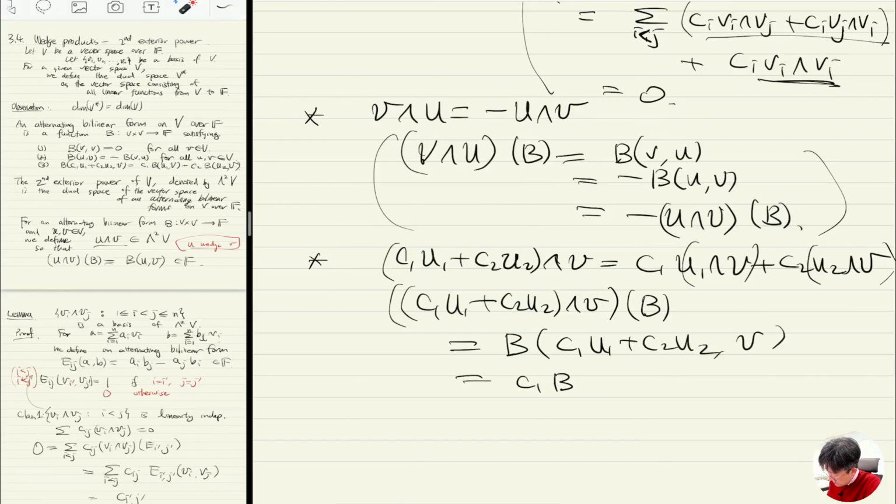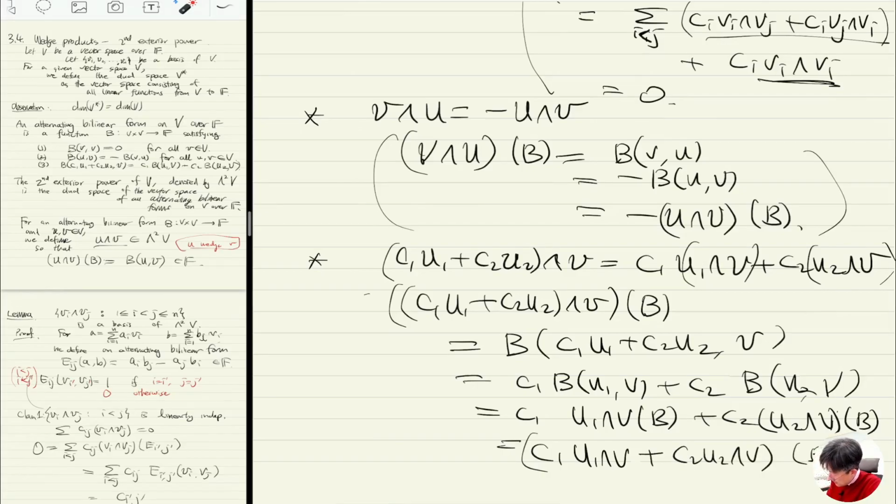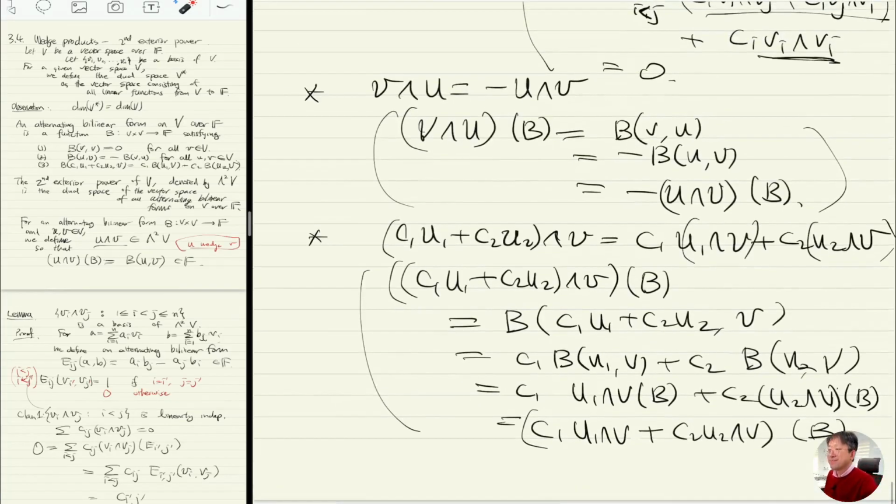And when you expand, then c1 u1 wedge v applied to b plus c2 u2 wedge v applied to b, and that's c1 u1 wedge v plus c2 u2 wedge v applied to b. All right, so all these things are natural.